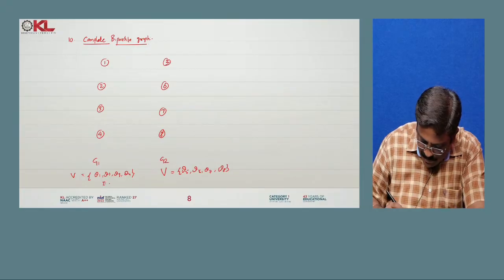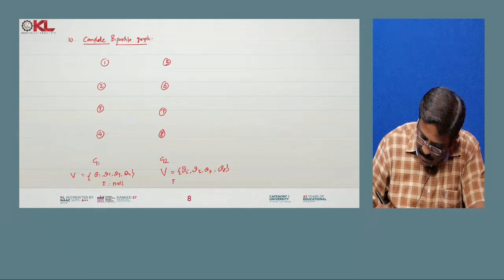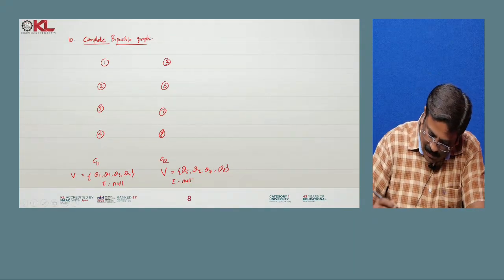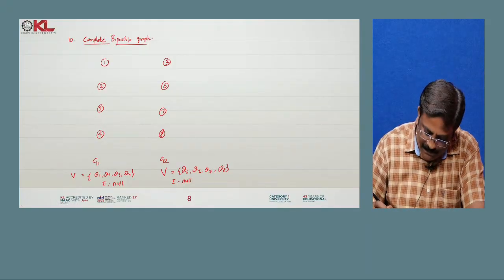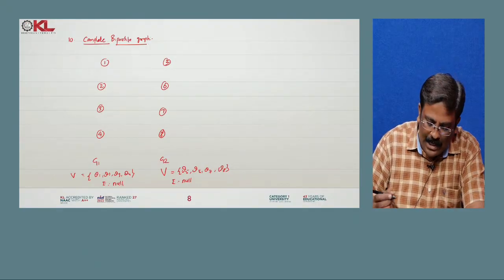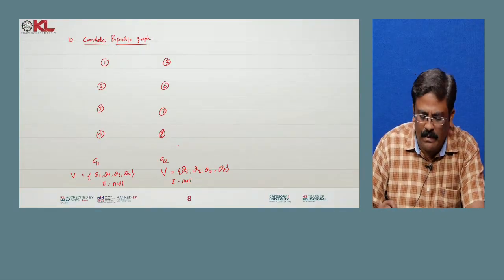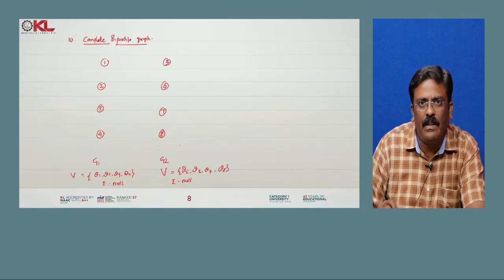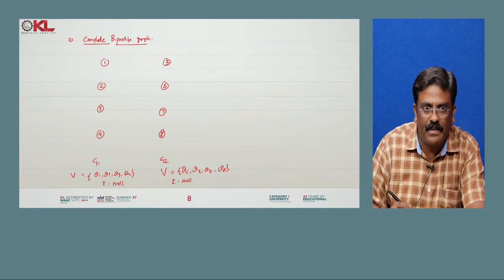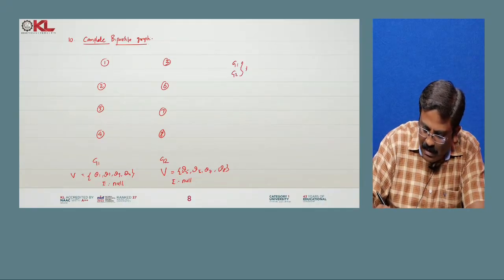And here also edges are null. Null means there are no edges. Here also edges are null. So in both cases the edges are null. But according to the previous bipartite graph, there are no edges between the vertices within your null graphs. G1 and G2 are both null graphs.